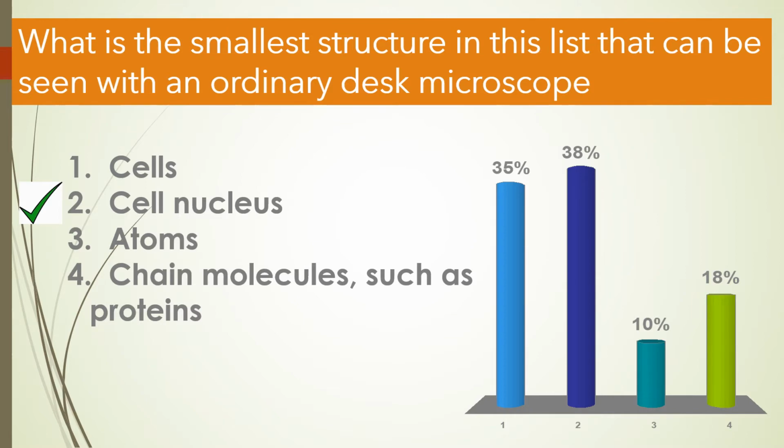Next, what is the smallest structure in this list that can be seen with an ordinary desk microscope? You have here the cell nucleus, atoms, chain molecules such as proteins. The correct one is the cell nucleus.